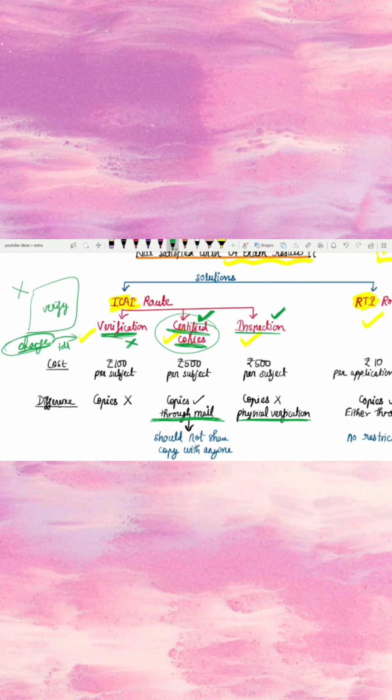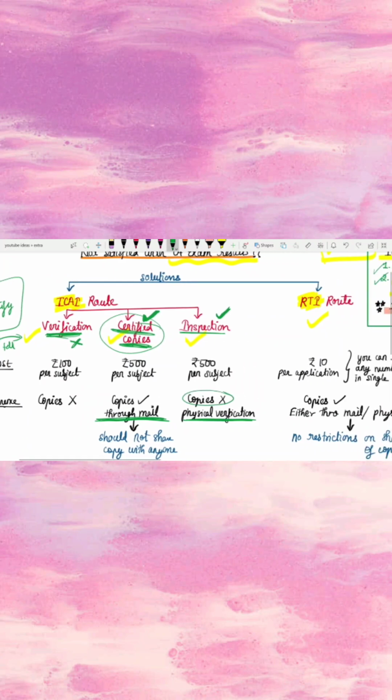The copy will be shown at some physical location. ICAI will give you a venue where you have to come at a particular time slot, suppose 10 to 12 p.m., to whatever area they mention, and check the copy of your answer sheet there, but you cannot take it home along with you.